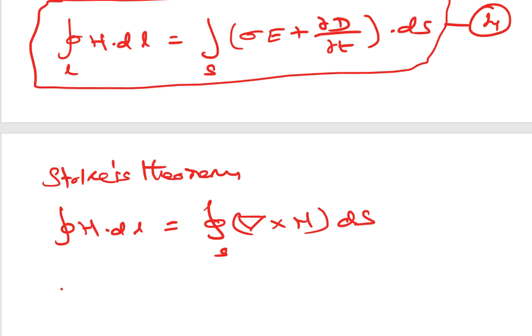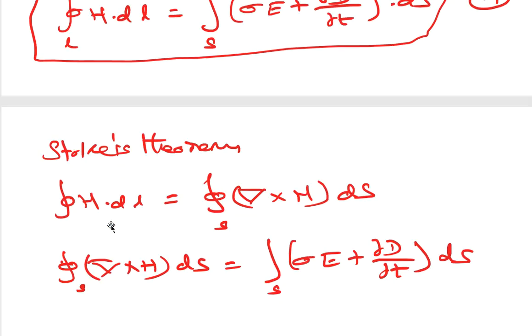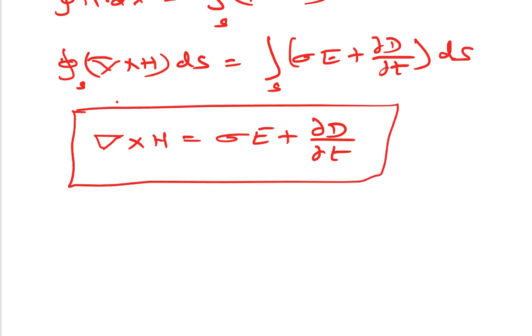So surface integral del cross H equals surface integral of sigma E plus dou D by dou t into ds. Now both the sides have a surface integral, so this will be equal for all the limits, and we can remove the surface integral. Finally we will get del cross H equal to sigma E plus dou D by dou t, which is nothing but the differential form of Maxwell's fourth equation.